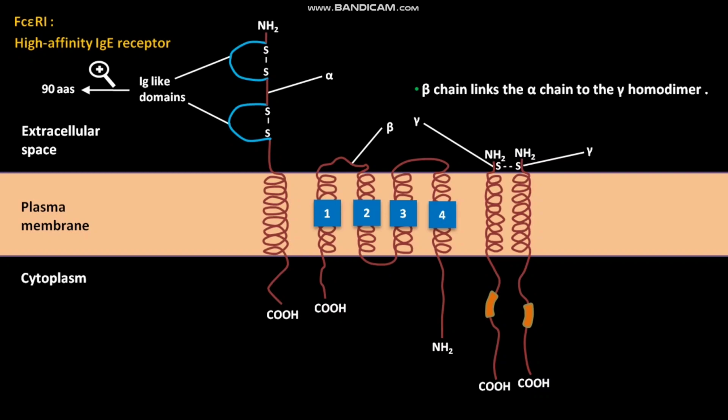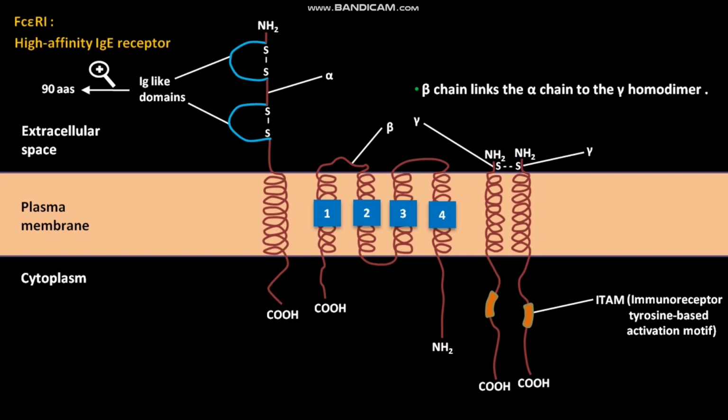Each gamma chain has a cytosolic domain. The cytosolic domain of each gamma chain has a conserved sequence. The conserved sequence is known as ITAM. ITAM stands for immunoreceptor tyrosine-based activation motif.